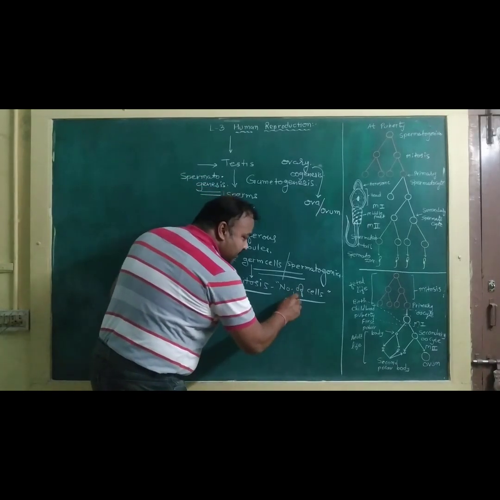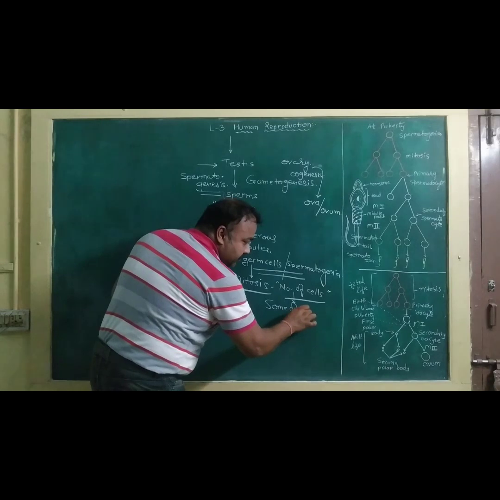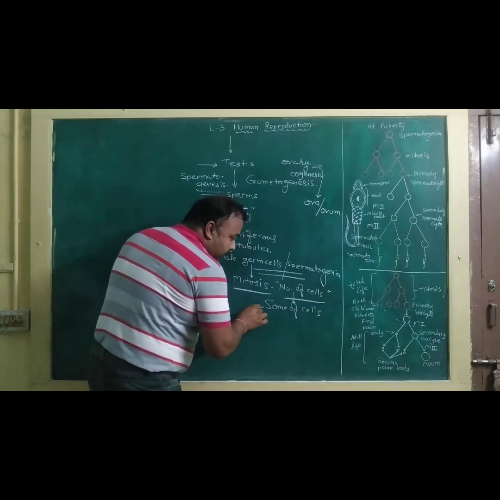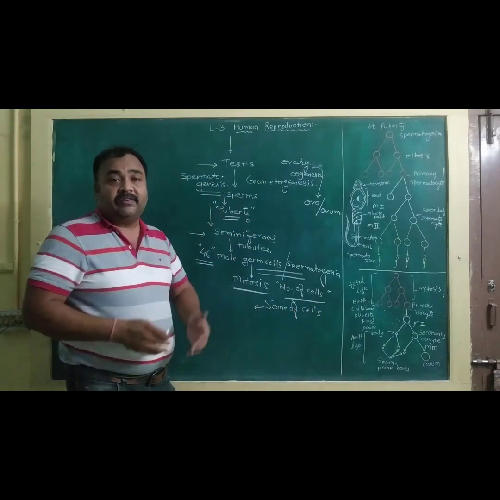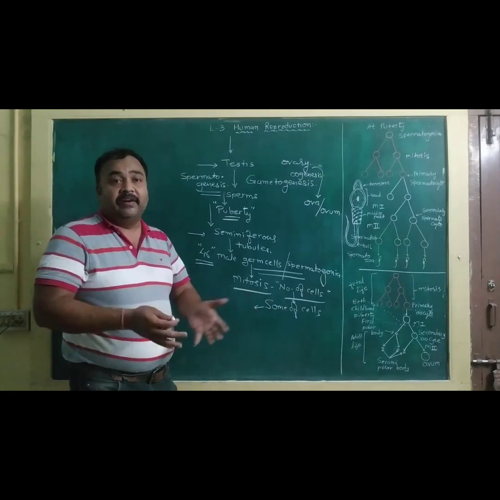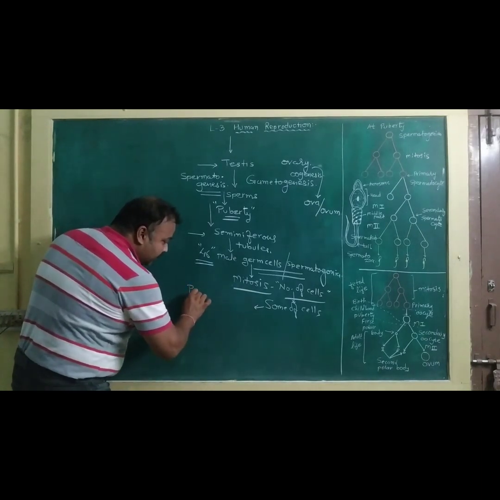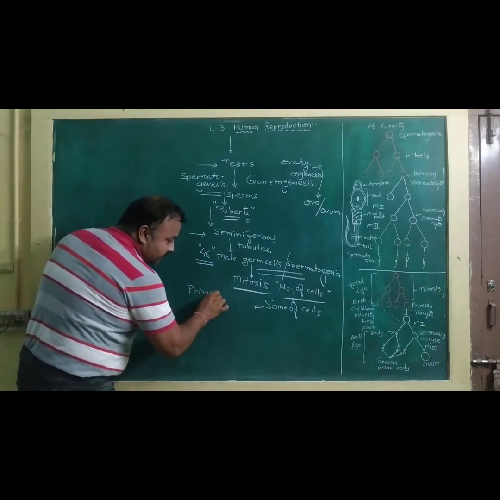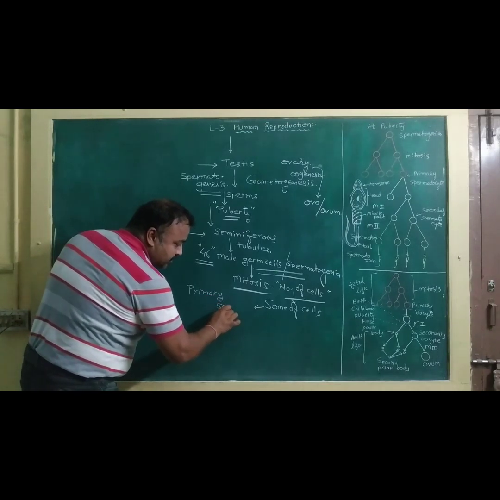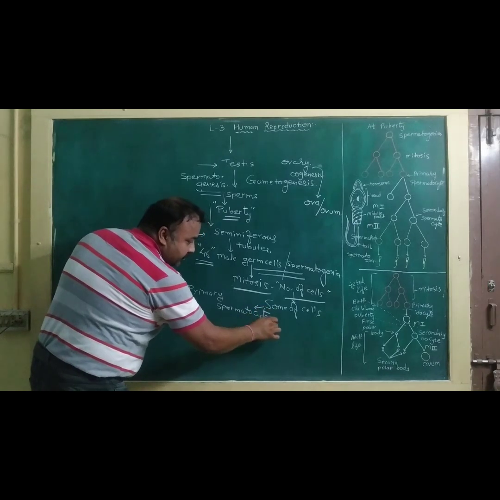But out of these cells, some of the cells undergo an increase in their size. So the size of some of the cells increases after mitotic division, and they are known as primary spermatocytes.